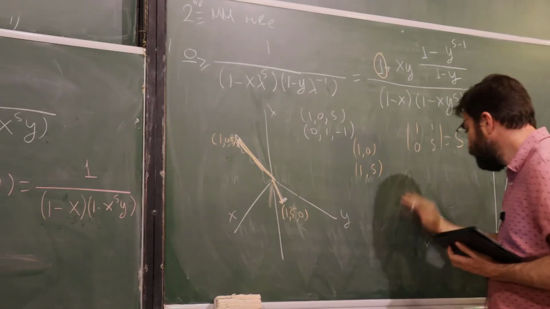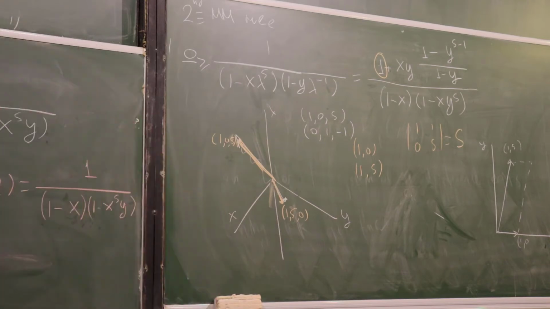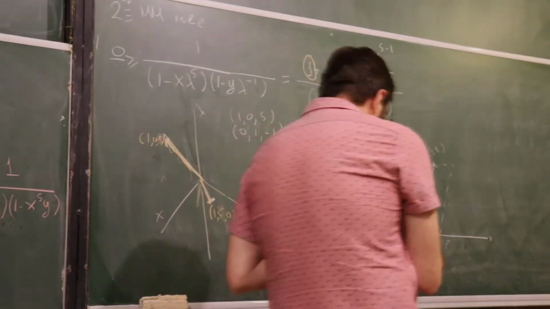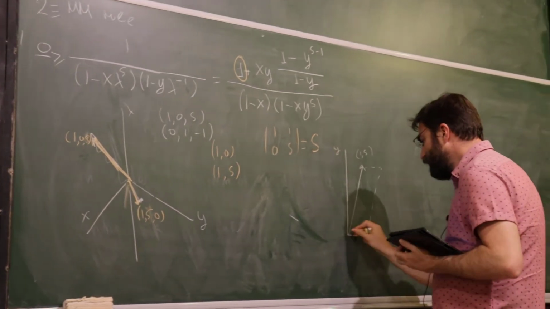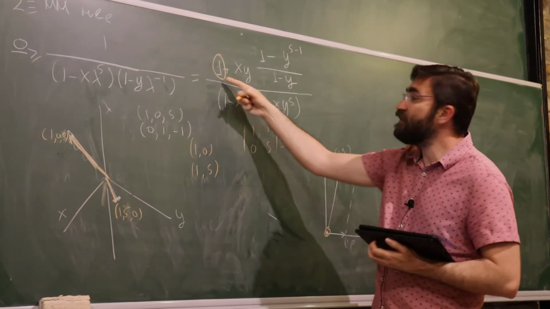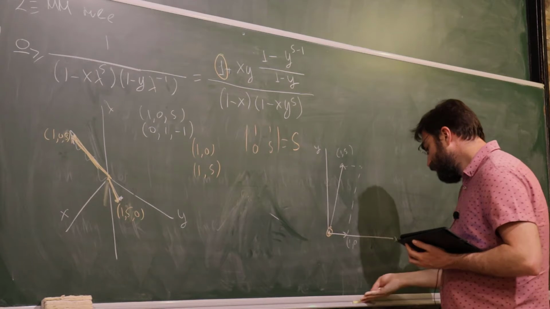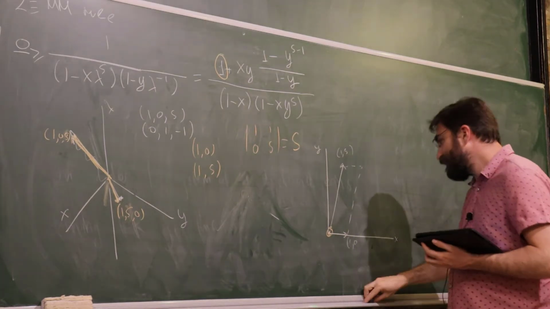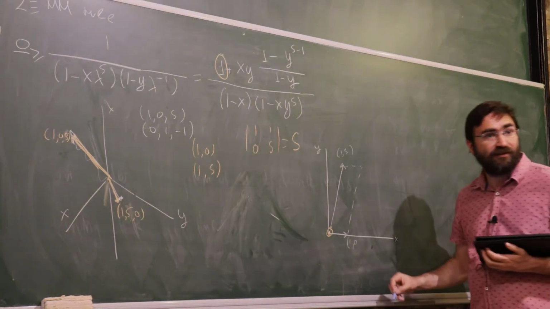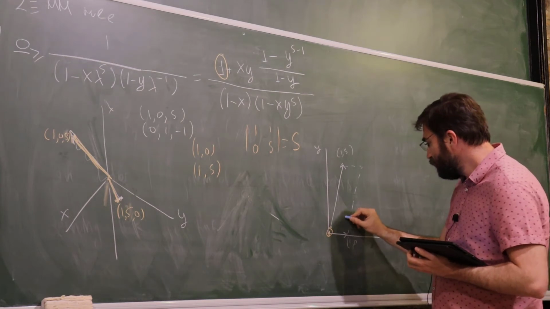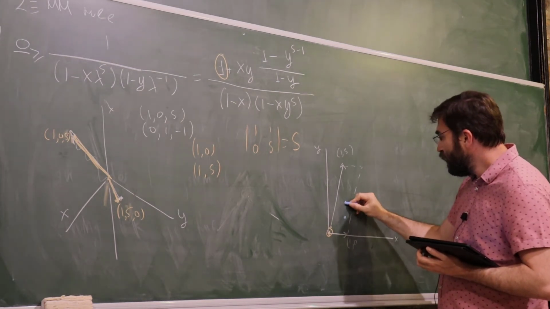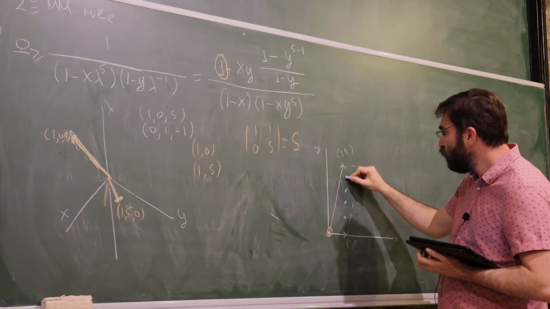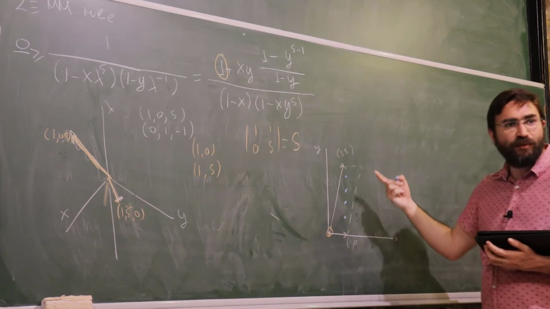Just forget about that one. So now, let's see what happens. The origin is a lattice point, and this is this one that appears there. And can we find what is the rest? So what other lattice points we have? We have (1, 2), (1, 3), (1, ...) up to (1, s minus 1), right?